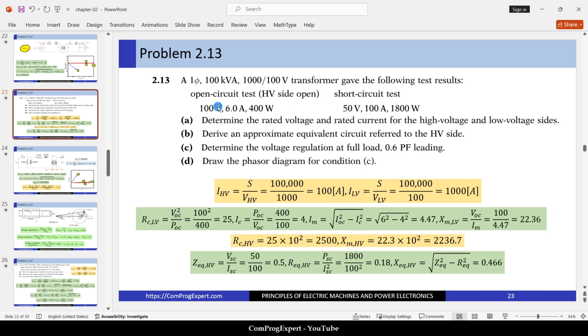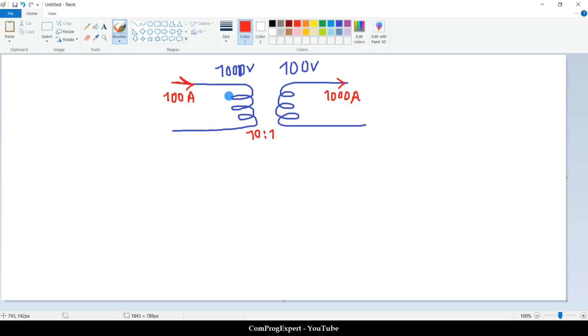We can use the open circuit test data to calculate the parameters of the excitation branch, and the short circuit data to calculate the equivalent resistance of the primary and secondary windings and also the leakage reactance. Yes. So the open circuit test is the first one.